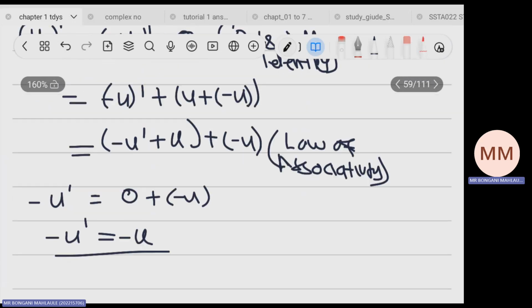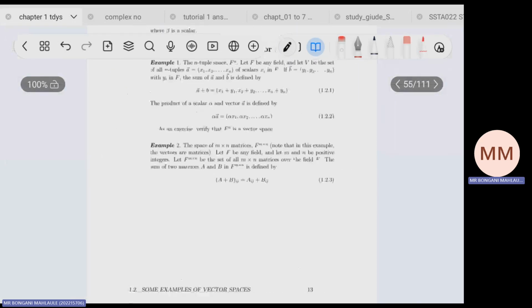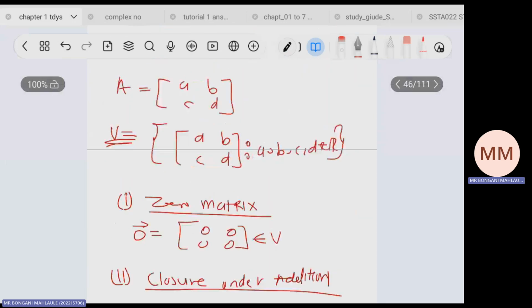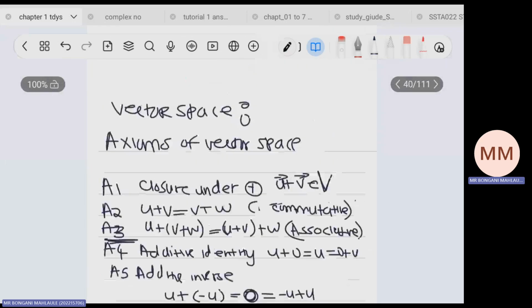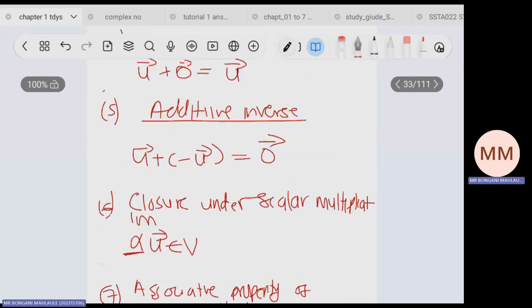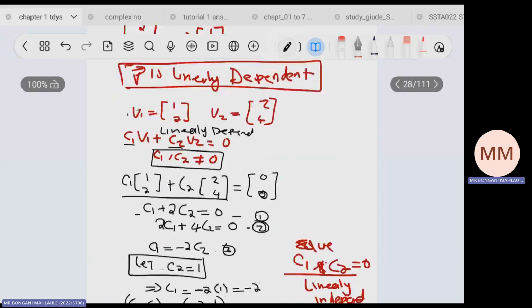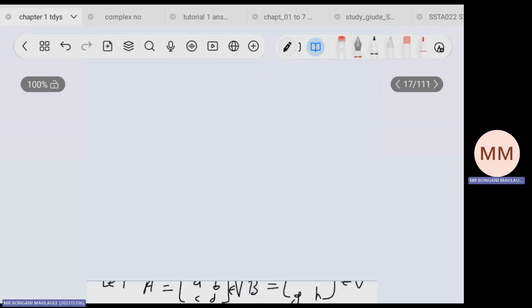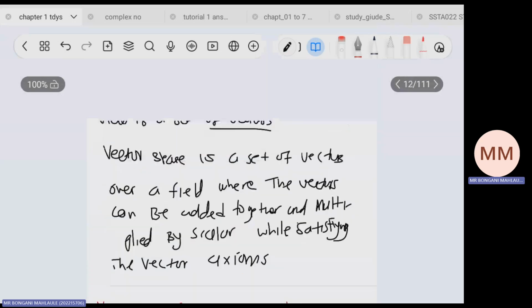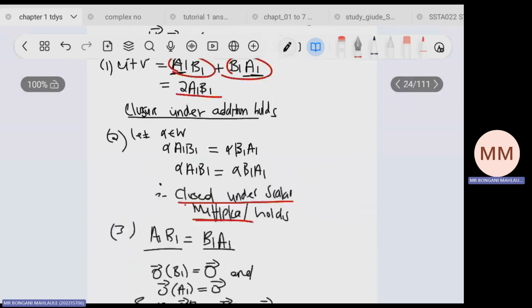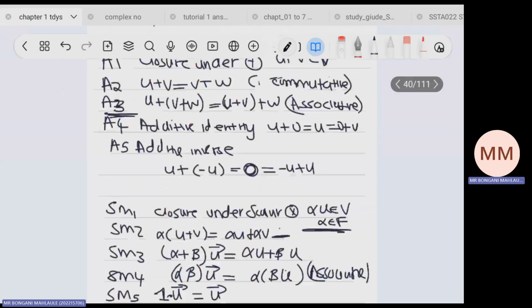I think maybe the guide has explained it properly. Let me see. They wrote it. Okay, it's fine. I'm going to do it some other time.